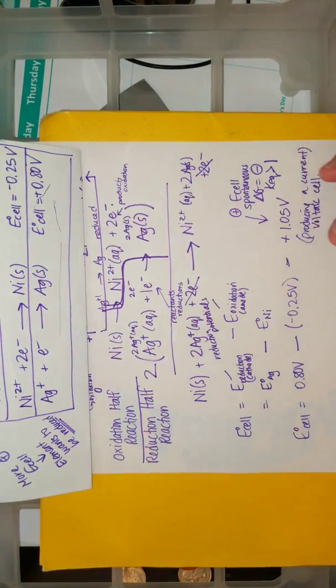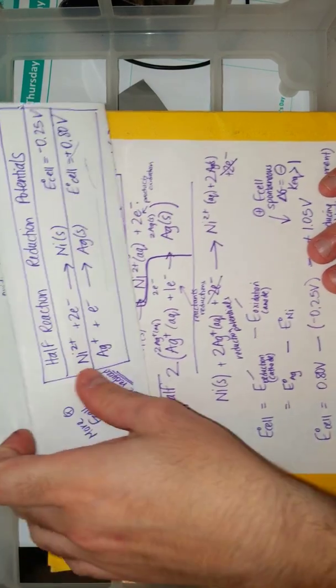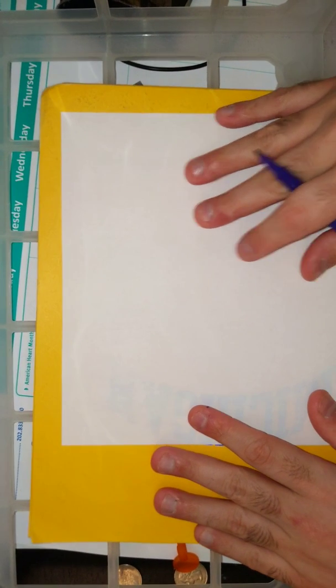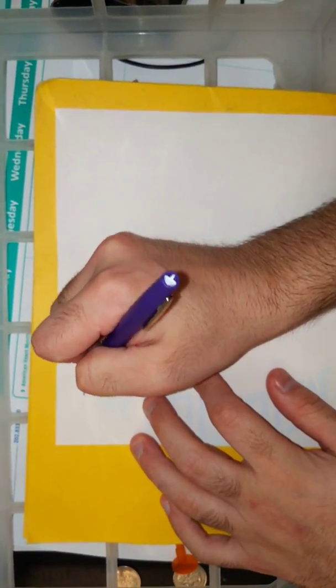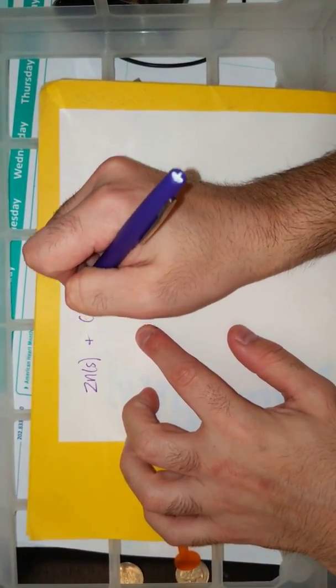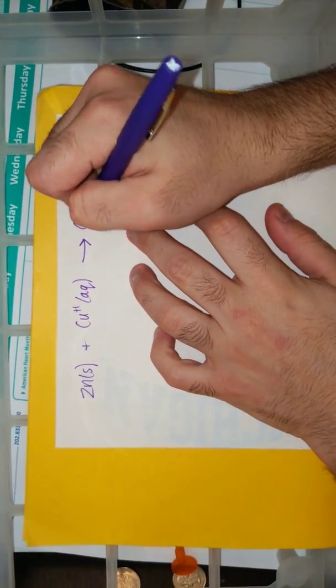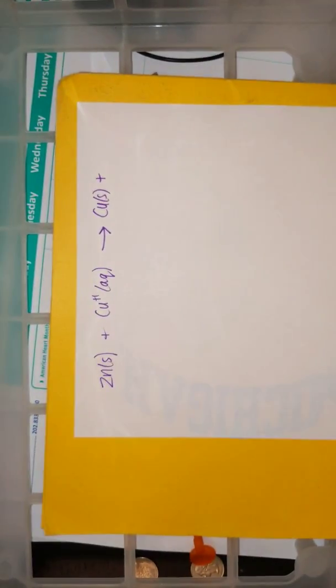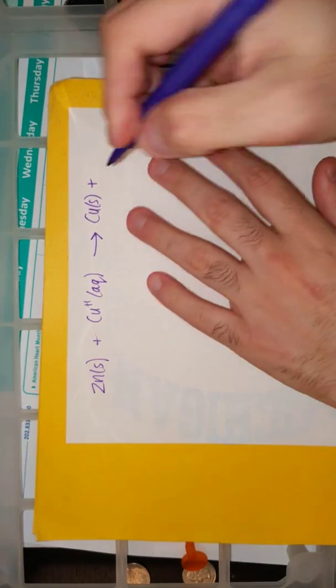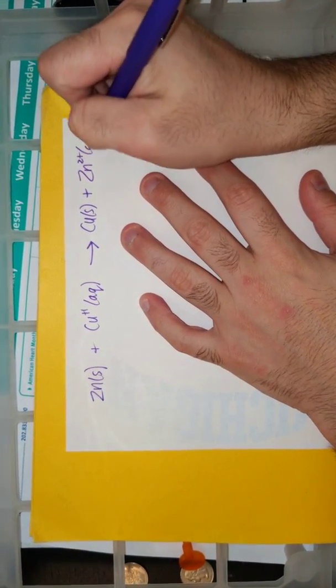So this was kind of like a slowed down version of doing half reactions. Just in case, I'm going to do just one more, and you could look up on the table, but let's say I had the following as my half reaction. Let's say I had zinc solid plus copper 1 plus aqueous yields copper solid plus zinc 2 plus aqueous.